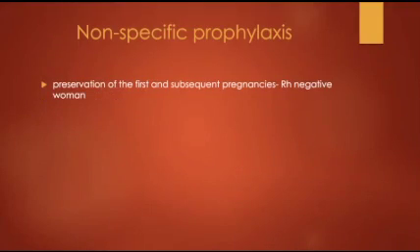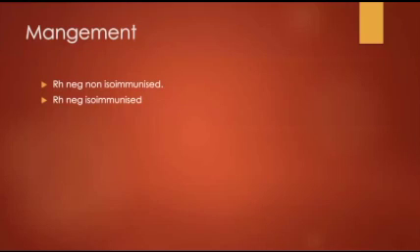So one of the non-specific prophylaxes of isoimmunization is preservation of the first and subsequent pregnancies of Rh negative women. When it comes to management, we divide it into two groups: Rh negative non-immune, and Rh negative immune women.